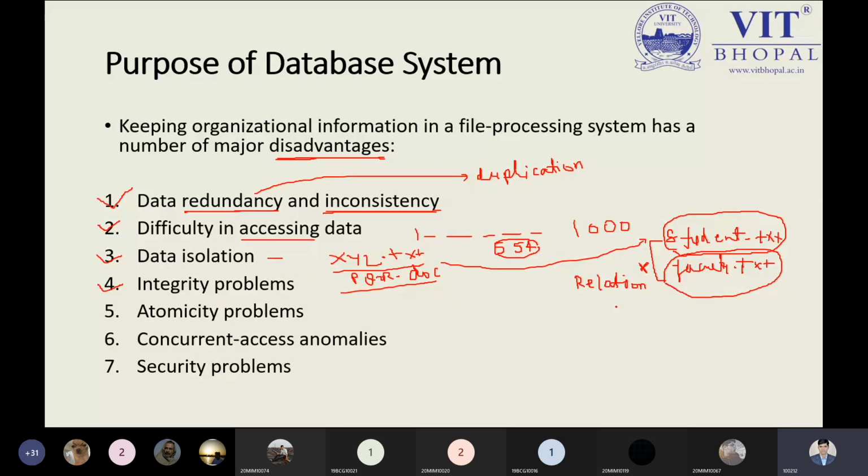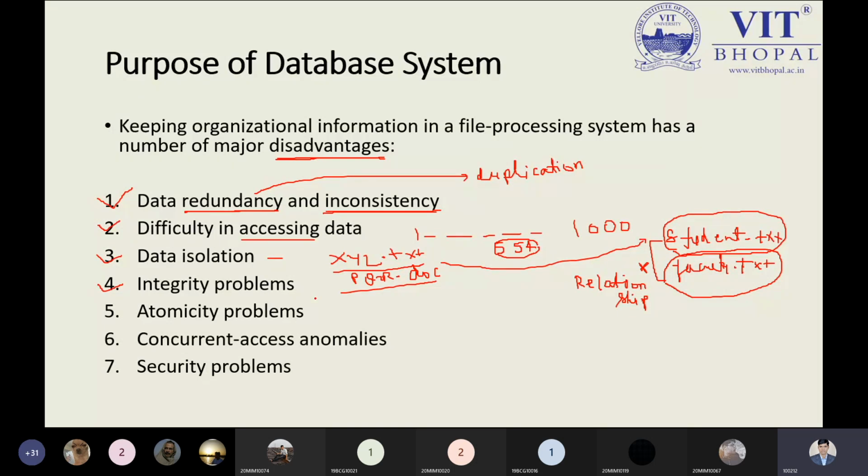Please keep in mind while learning database management systems, you can't say there is a relation; no, there is a relationship. Please focus on the word. So the integrity problem is telling us there is no relationship between two different databases in the traditional file format. Then there is no integration, no communication between both databases.